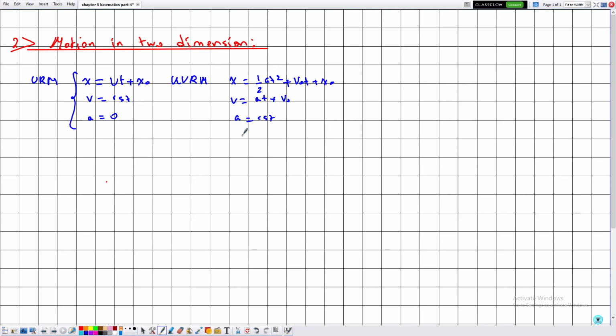Another equation that we can add to this list is v square final minus v square initial is equal to 2 times the acceleration times the displacement or the distance d.